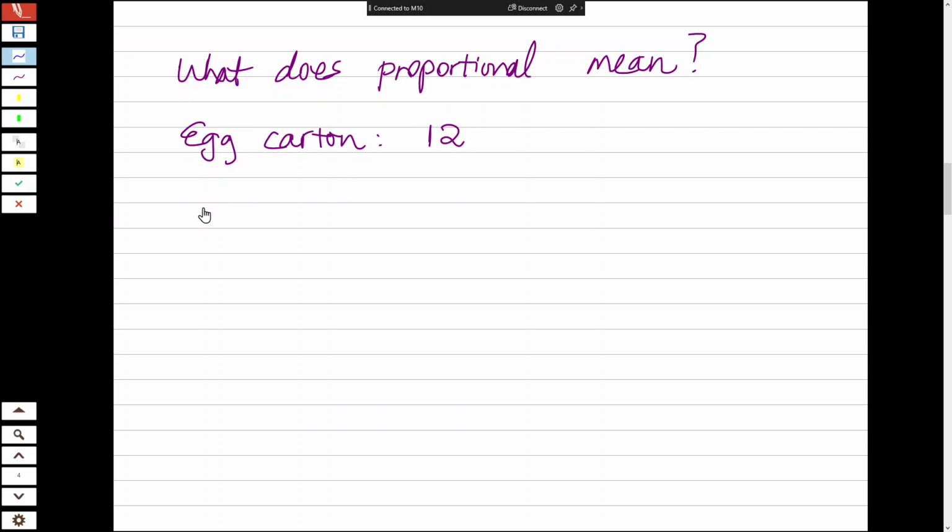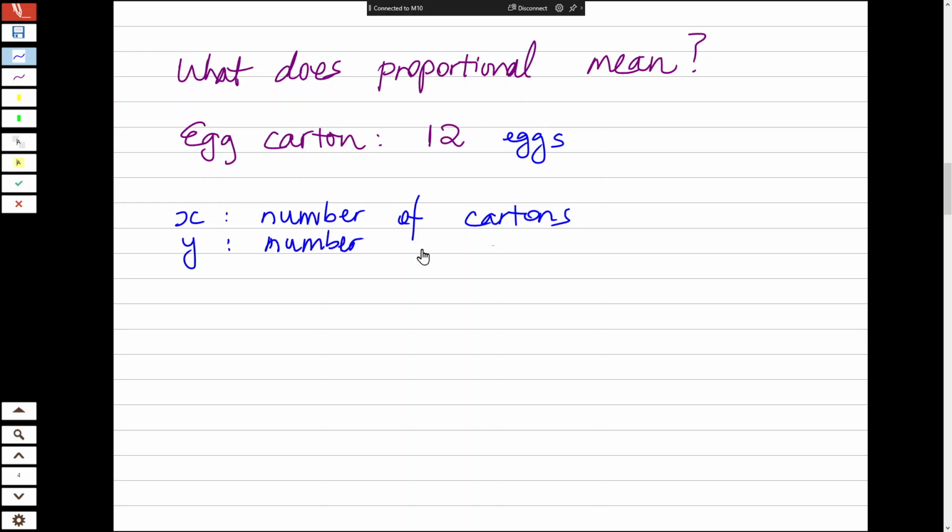So, let's imagine x is the number of cartons and y is the number of eggs. If I double the number of cartons, do I double the number of eggs?